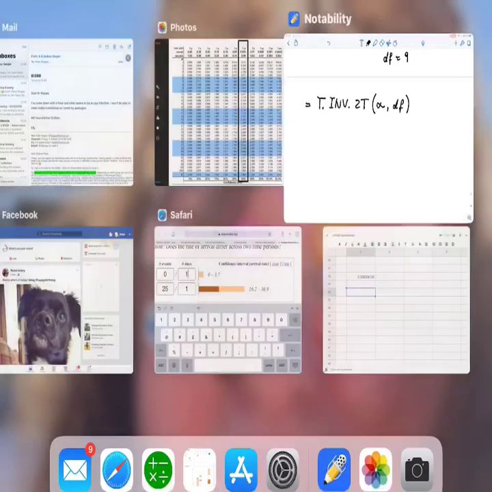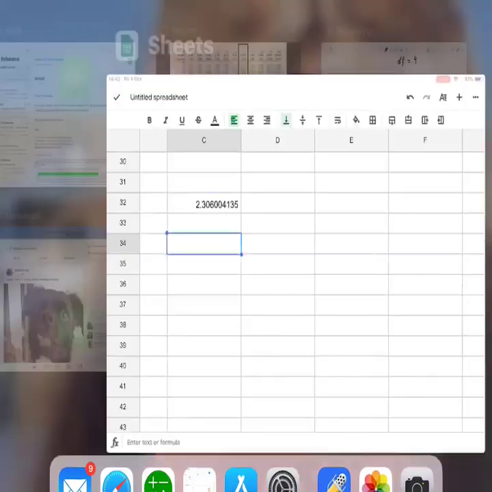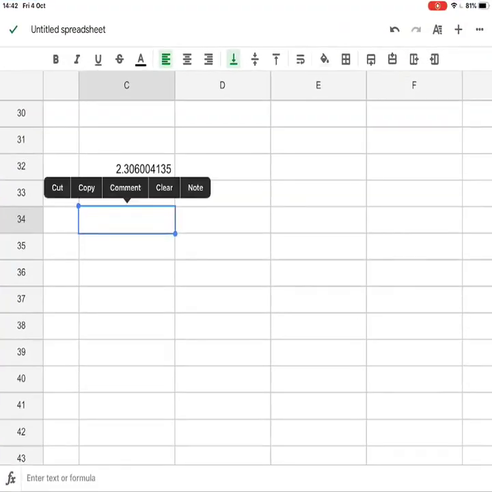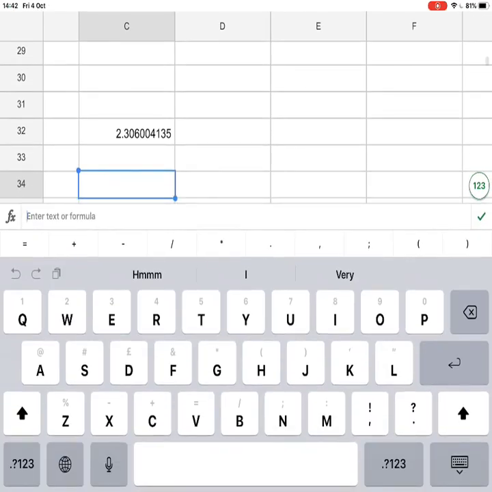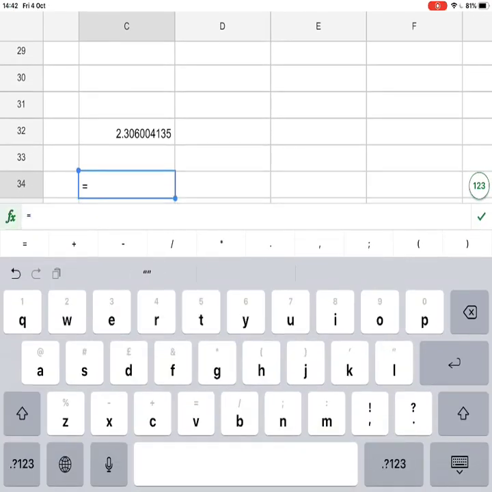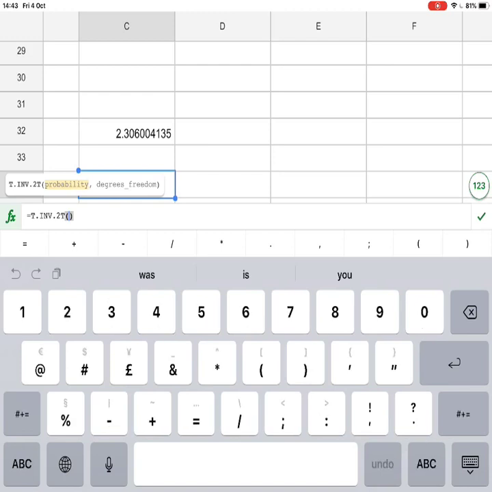I show you. So we have equals t.inv and it asks for the probability, which is the same as the significance level. So this is 95% confidence level.